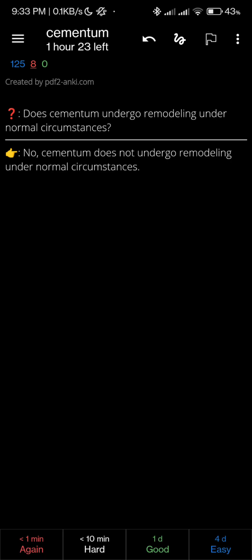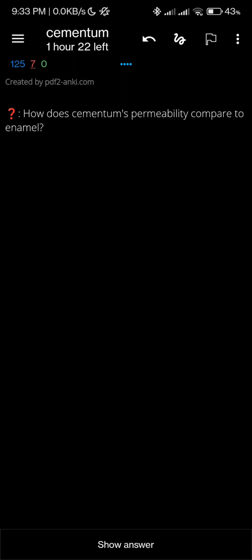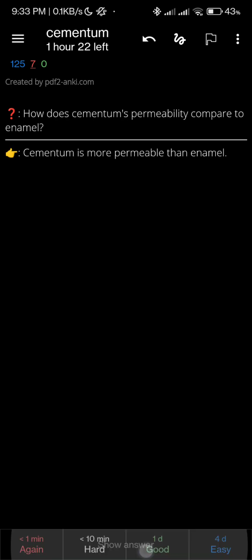Does cementum undergo remodeling? No, cementum does not undergo remodeling under normal circumstances. The permeability of cementum is more than that of enamel.